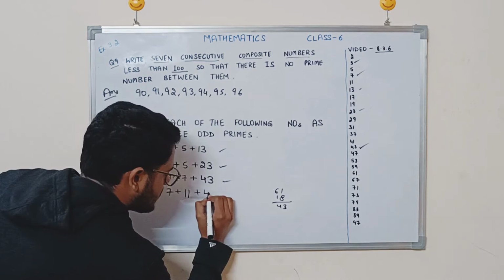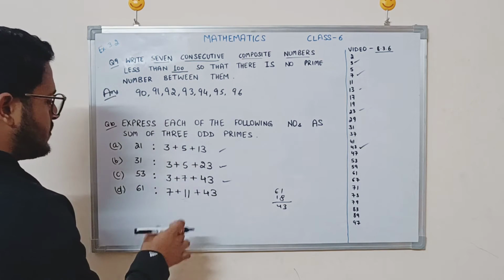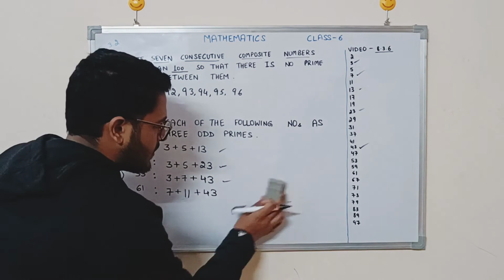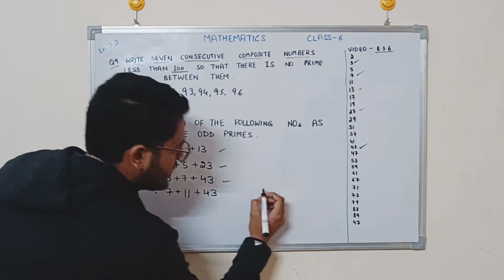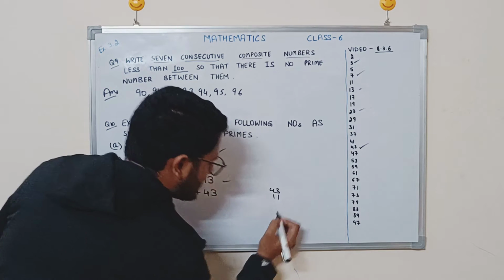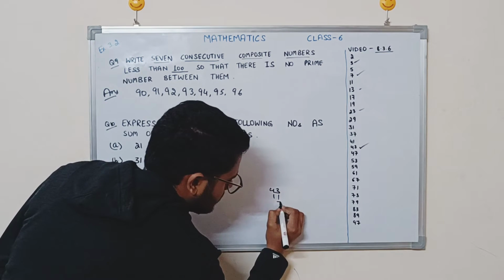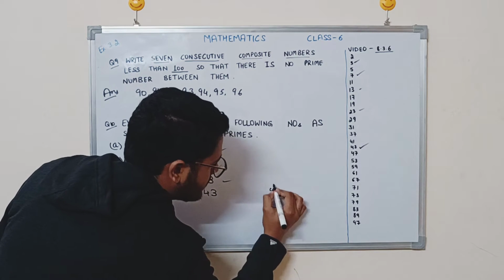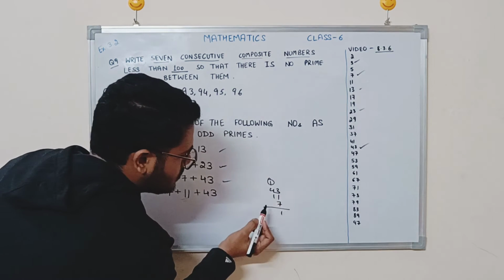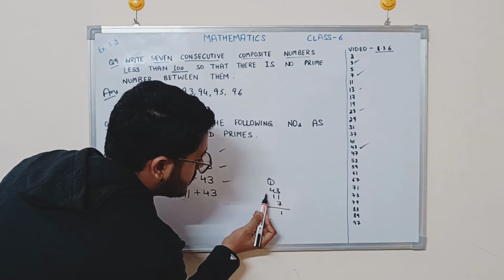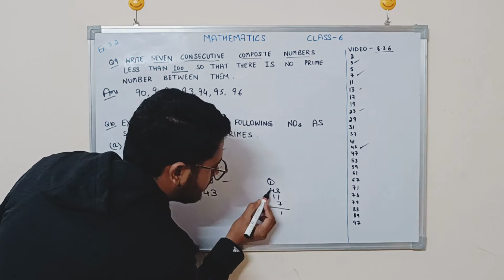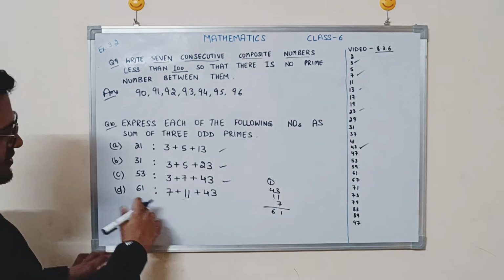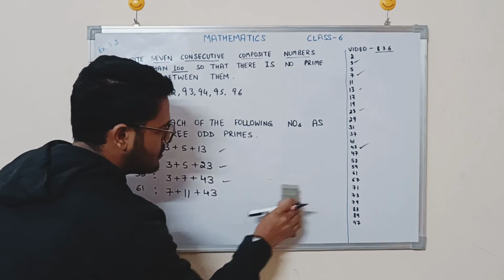If I write 43 here, let's check the total now. 43 plus 11 plus 7. 3 plus 1 is 4. 4 plus 7 is 11, carry 1. 4 plus 1 is 5 and 1 is 6. 61. So the sum is 61. So we are good till now.